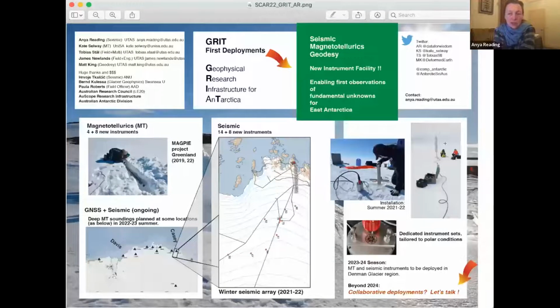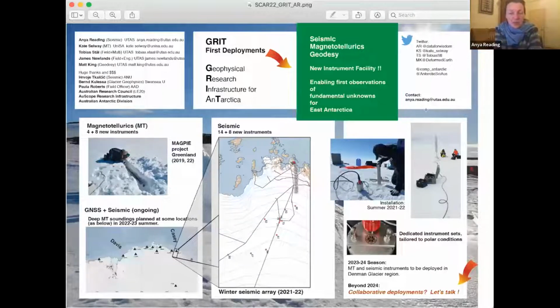We've been fortunate in the Australian program that myself, Kate Selway and Matt gained some funding to establish a new instrument facility, GRIT, Geophysical Research Infrastructure for Antarctica. Kate, whose expertise is in magnetotellurics, and myself, mostly in seismology, are interested in both deep targets and this intriguing ice-bedrock interface zone.